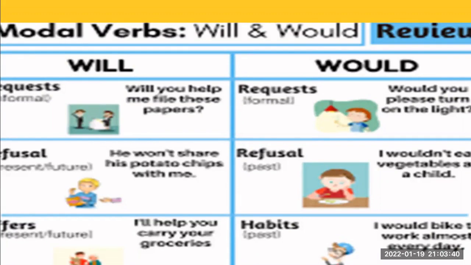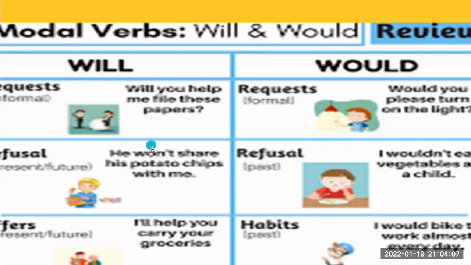Now, of course, we have already looked at all these, but let's look at some other examples, okay? Will you help me type those papers or something? Then would you please turn on the lights?